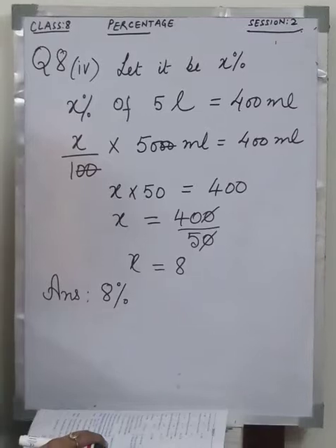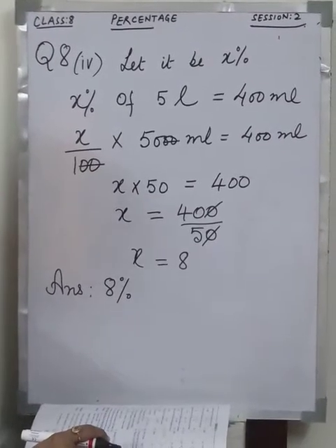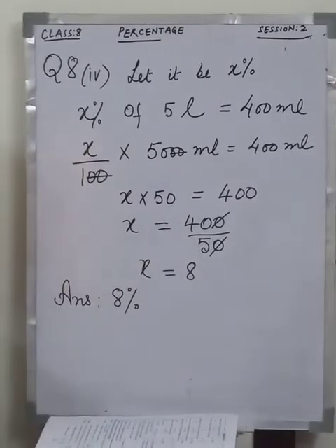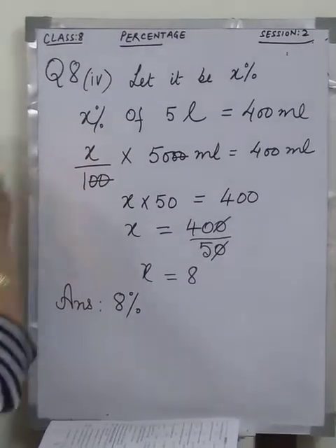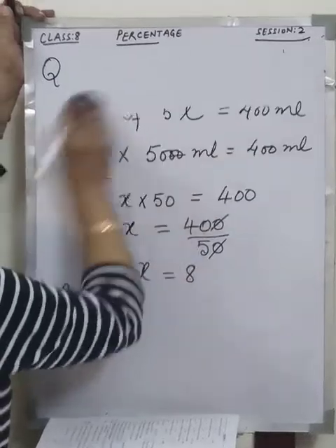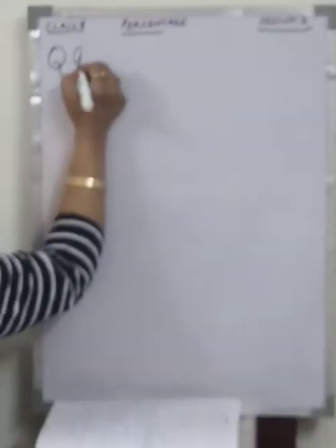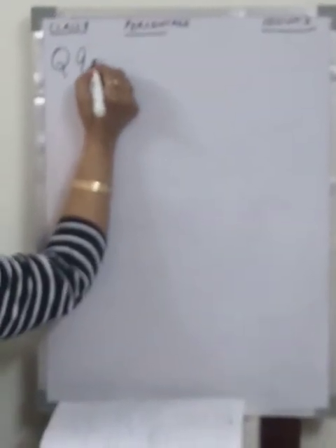Question number 9 again has 3 parts. I'll do the last part for you. The rest you can do very easily. The questions are easy only. Question number 9, third part. They are saying if 6 whole 2 by 3% of a number is 1, find the number.